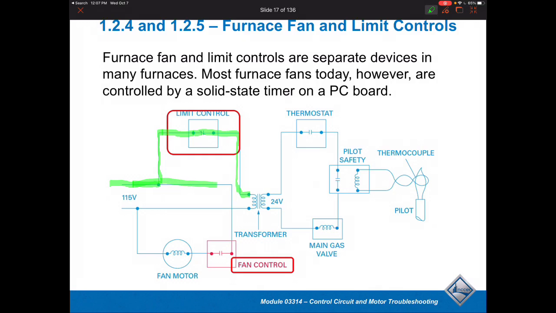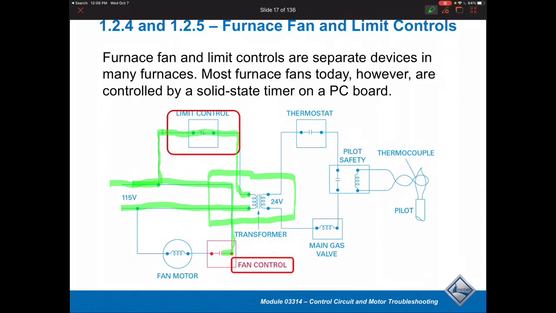And we also have power going down to this particular set of relay contacts. So now we're ready to do some work on this. Of course, the limit control is designed to take the power away from the transformer should there be some sort of failure, usually a high limit or high temperature of some sort.